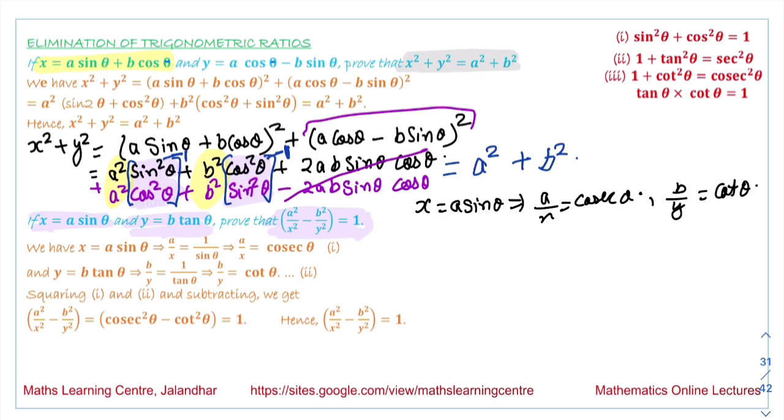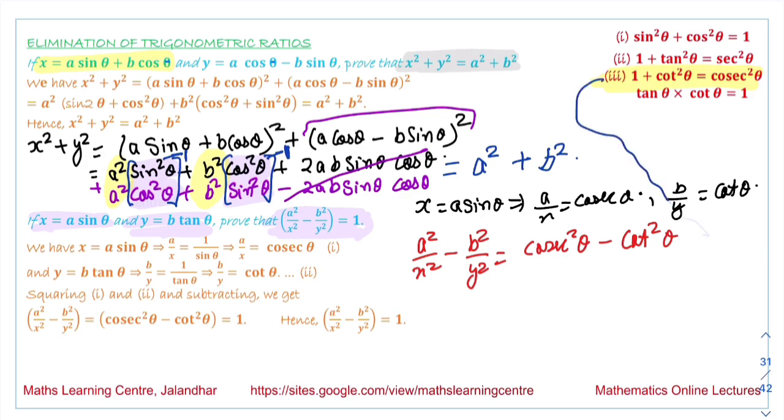We are talking about the term that we have to evaluate now. It is a square over x square minus b square over y square, that is equal to cosecant square theta minus cot square theta. Look at this third identity over here.